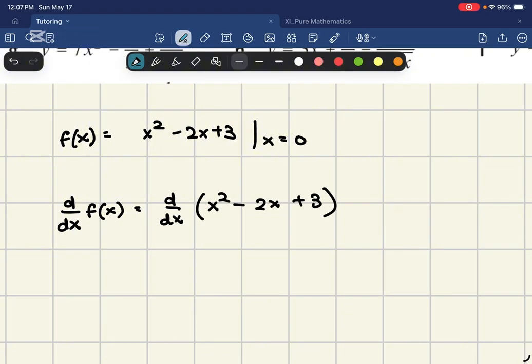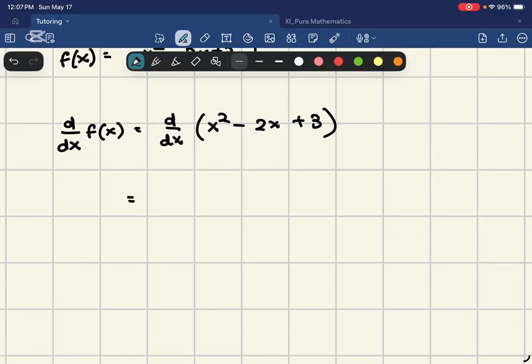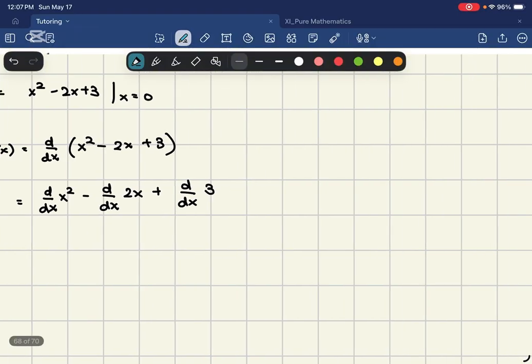And remember, previously we discussed that if it's separated by plus or minus, then I can take the derivative individually. So minus d by dx of 2x plus d by dx of 3. Right. So now let me give you another formula. That is d by dx of a constant, any constant k is going to be 0.